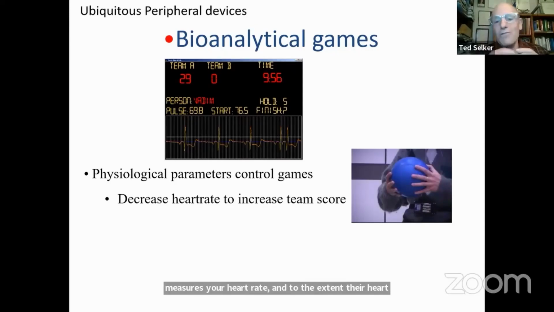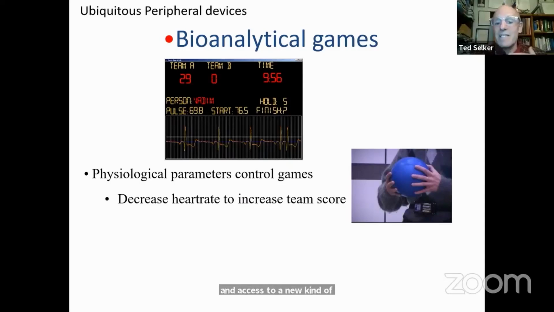So it's kind of a counterintuitive thing, so you probably want to run around the field before you get the ball, and then have your team members keep you from getting tickled so that you can zen in and lose heart rate as you go. So this is fun because it gives you more understanding and access to a new kind of strategy, but also it's sensing something we usually aren't so aware of, that is our heart rate.